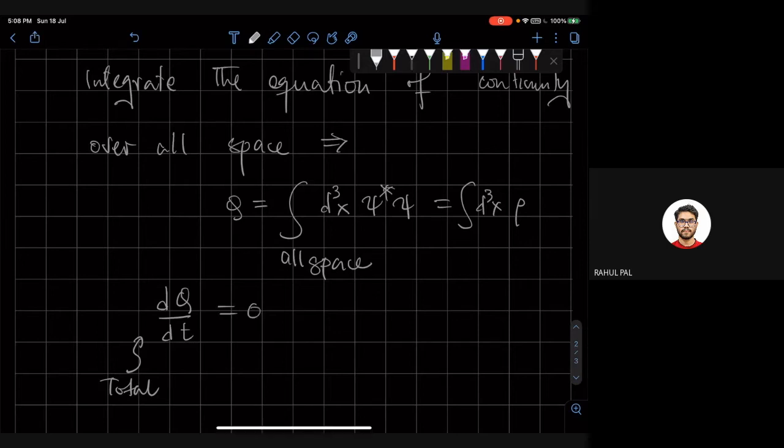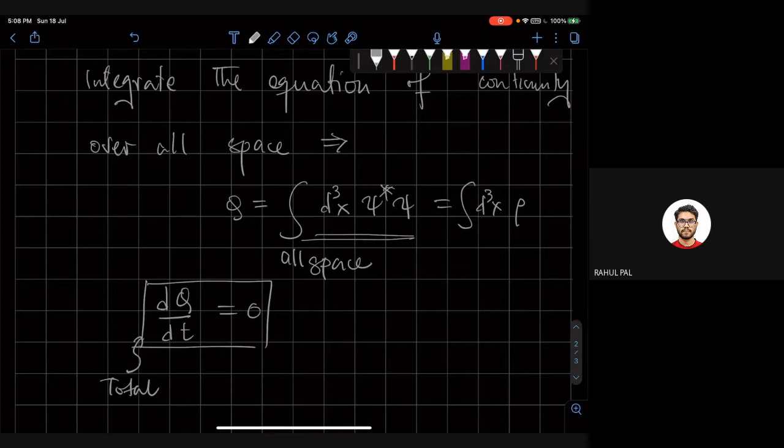What is this saying? This is saying that the normalization of the wave function does not change with time in the absence of sources and sinks. If there is a source which creates these particles, then this is not going to be true, but that's not what we are talking about here.